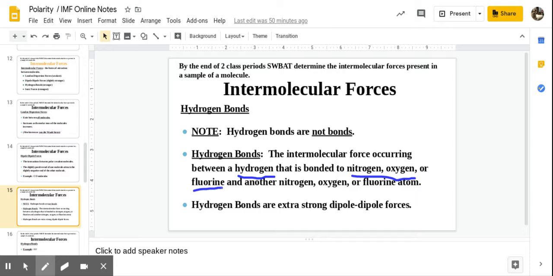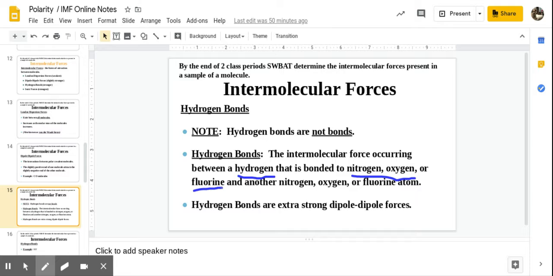Okay? So the reason that these are stronger than dipole-dipole is because although it's still a covalent bond, it's a very polar covalent bond. The difference in electronegativity between either nitrogen, oxygen, or fluorine and hydrogen is so strong. There's such a big difference between them that the nitrogen, oxygen, and fluorine is going to pull so many more of the electrons towards it.